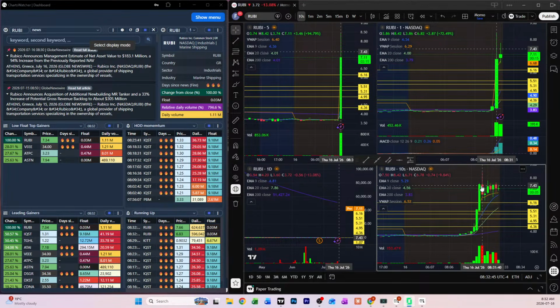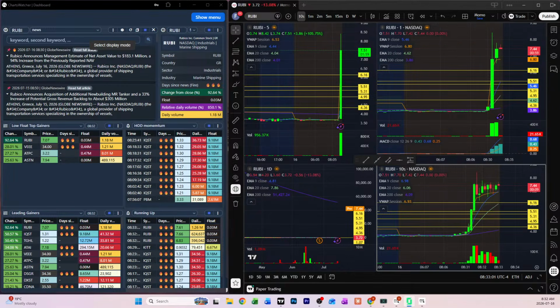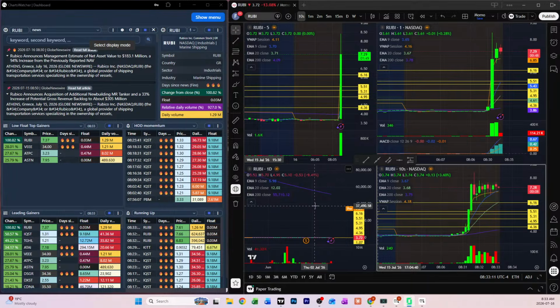We have a higher volume selling candle here. It is up quite a bit on the day. It's our top leading gainer now. We have this topping tail that I'm a bit worried about. Ruby is also kind of a garbage stock. We have to see if it holds up.